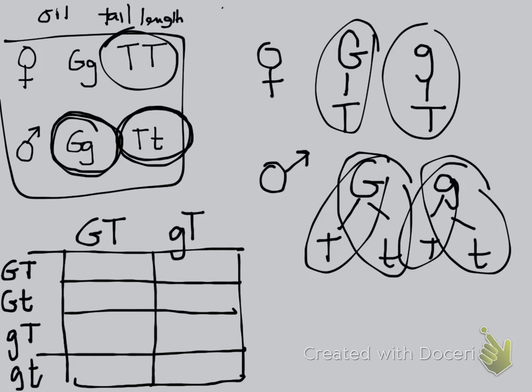Okay. So we don't have all 16 squares filled because we don't need them. We don't have that many combinations. So now you're going to do the same thing you've always done and draw down all of those alleles.